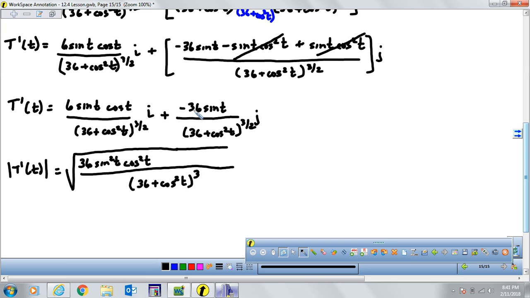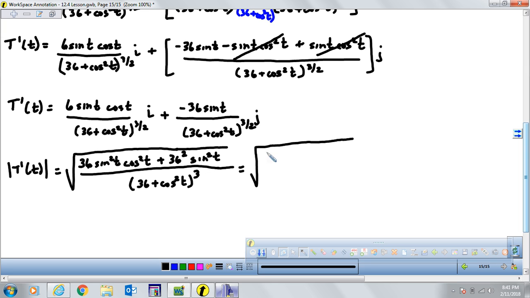Then on the other term, when I square it, I'm just going to write 36 squared. I'm not squaring it out because I'm going to factor, since we still need to simplify this. Then I square the sine, it becomes sine squared. So I can factor a 36 and a sine squared from both. If I factor this, we're left with cosine squared of t plus another 36 right there, and that's over 36 plus cosine squared of t to the third power.